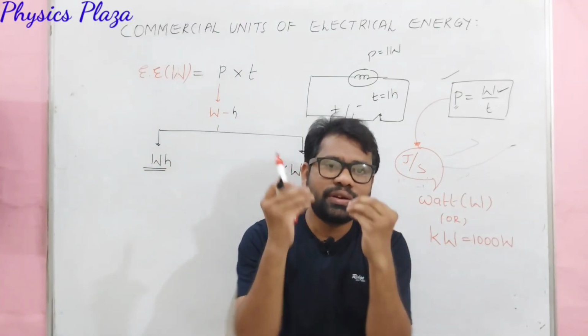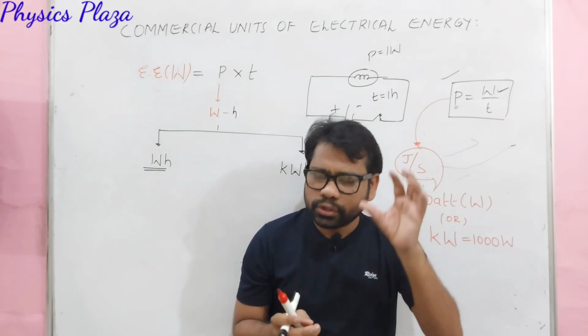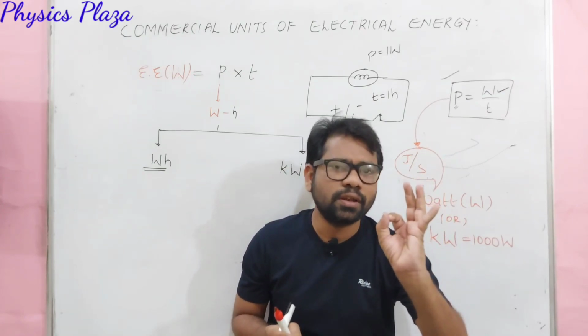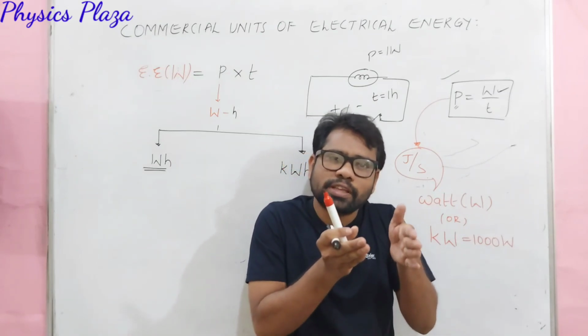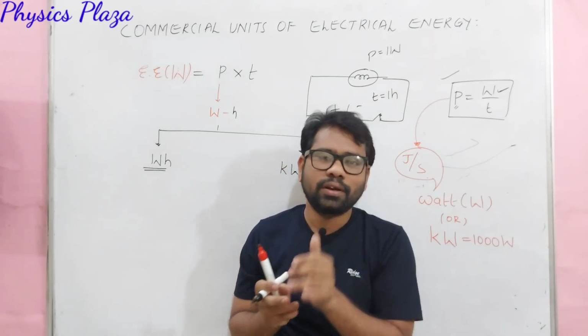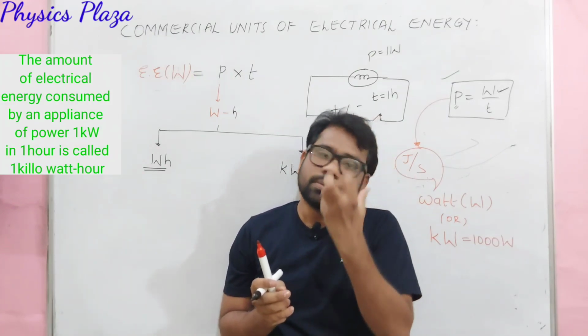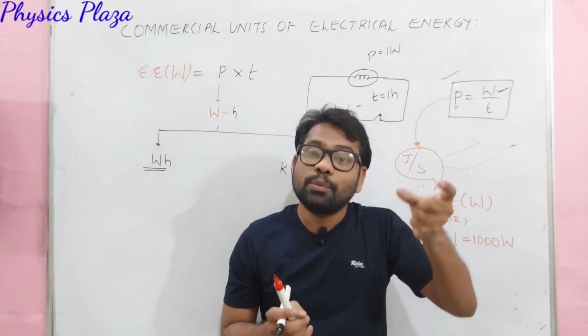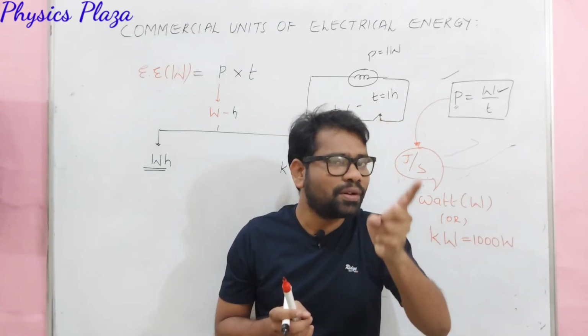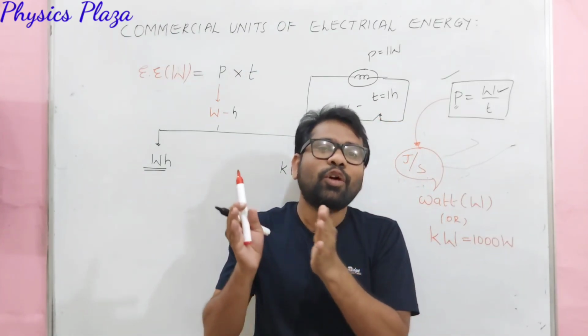Just assume that its power is 1 watt. When that fridge is operated for 1 hour, don't you think it consumes some amount of energy? Yes. That is the energy consumed by an electric appliance of power 1 watt in 1 hour.